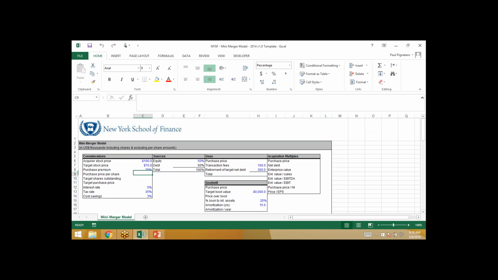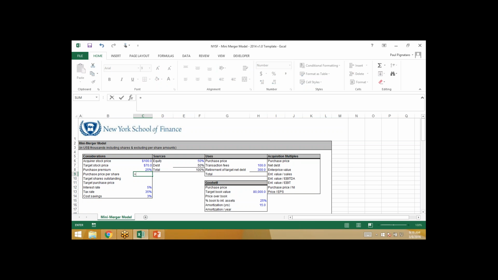Considerations. Let's start to build out the core considerations. The acquirer is trading at $100. The target, $70. The purchase premium is 25%. The target company is being bought out for a 25% premium above their stock price. So what is their price per share? 70 times 1 plus the percentage.